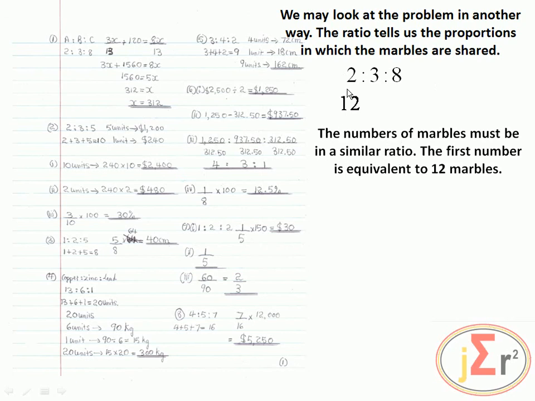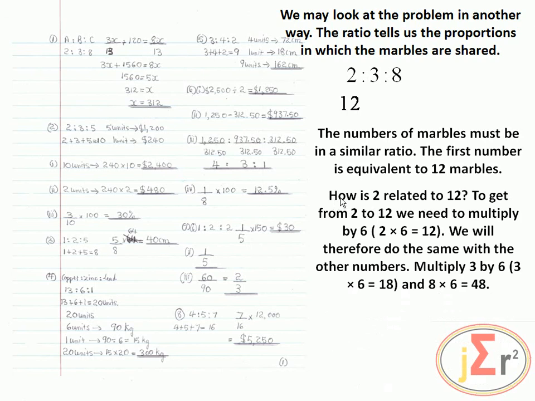Therefore, the ratio that we have, 2 to 3 to 8, must be the same ratio as 12 to something to something. The first number is equivalent to 12 marbles. What do we do to find the other 2 numbers that will cause this ratio to be equal to this ratio? Because they have to be equal.